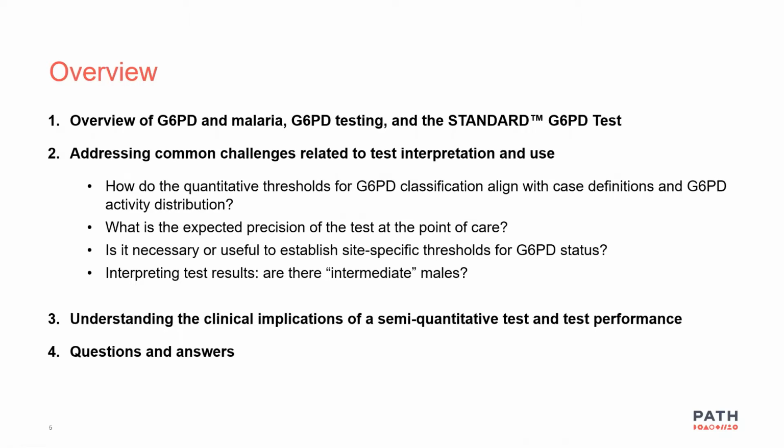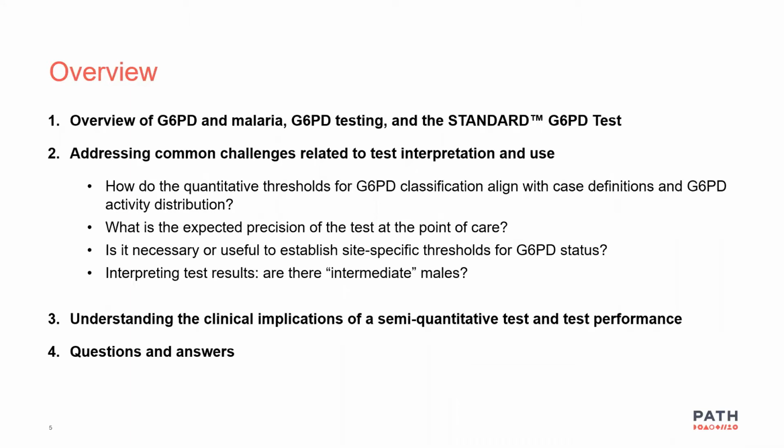As a brief overview of the presentation, I'll start with an introduction to G6PD testing and the standard test, and then Pooja will use some of the data that PATH has generated over the past few years to answer some specific questions about how the quantitative thresholds align with the case definitions and G6PD activity distribution, what we know about the precision of the test at the point of care, and some questions around the need to establish site-specific thresholds for classification of G6PD status.